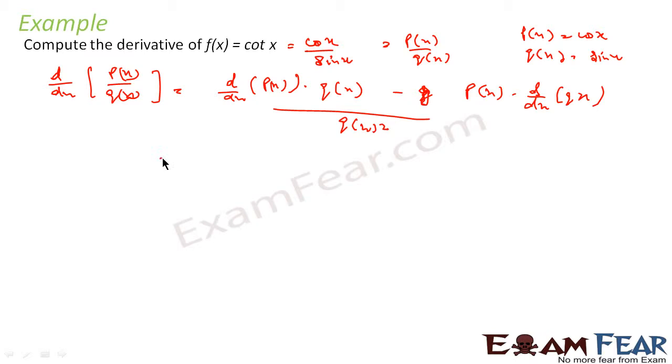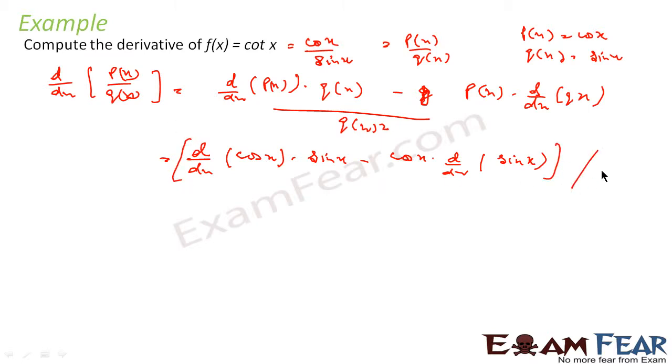There's a formula. So we'll do that. d by dx of p x is nothing but cos x, into sin x minus cos x into d by dx of sin x, and the whole thing will be divided by q x, which is sin square x.